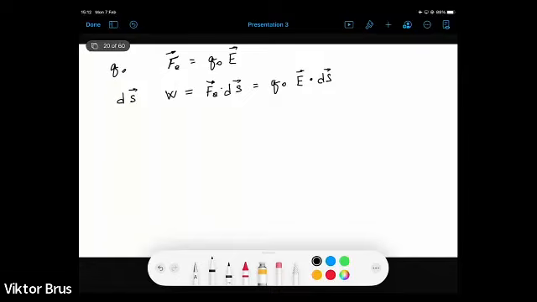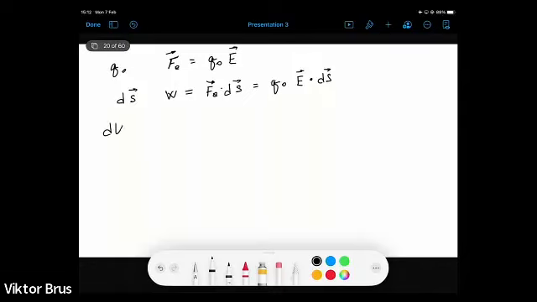And if we consider the electric field and test electric charge as some isolated system, the change of potential energy of such a system will be equal to the negative of the work done by internal forces of this system.